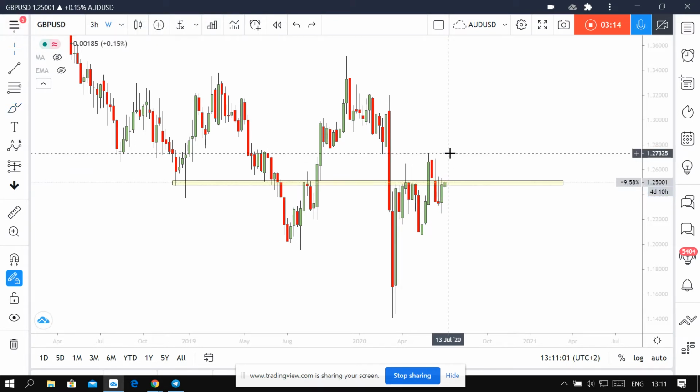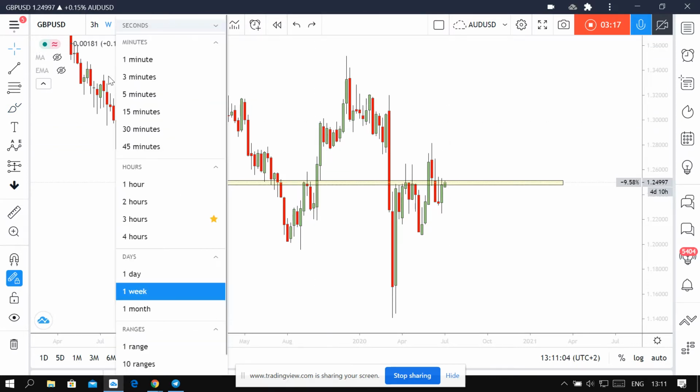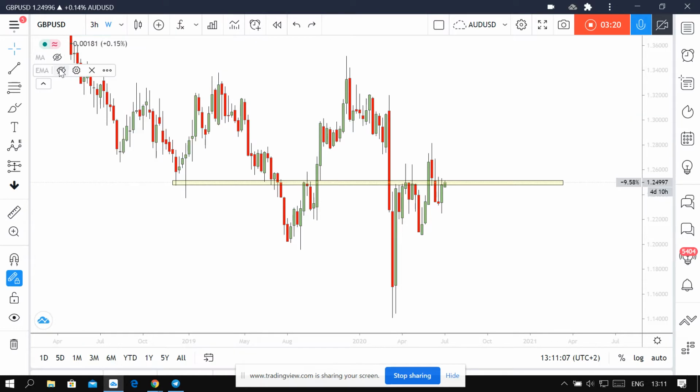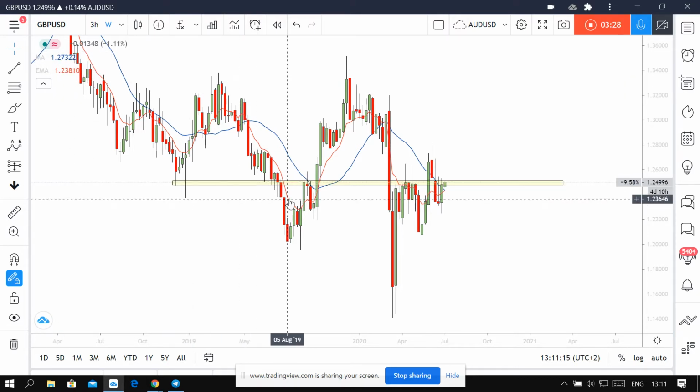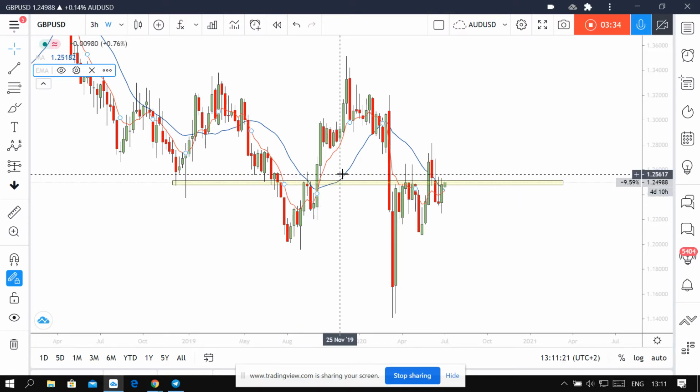So one thing to note is that price is currently at a weekly resistance. That's the first important thing that you want to look at. And then I'm also looking at my EMAs and my simple moving average. We can see here that my exponential moving average, in orange, is an 8 EMA. Then in blue, I have my simple moving average.